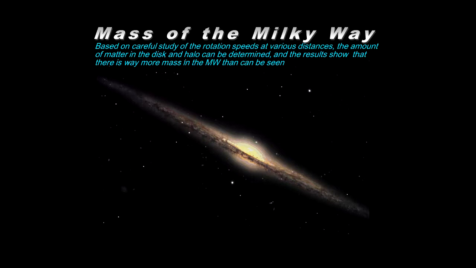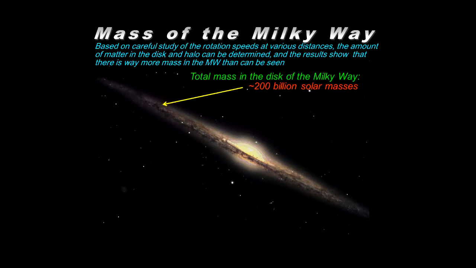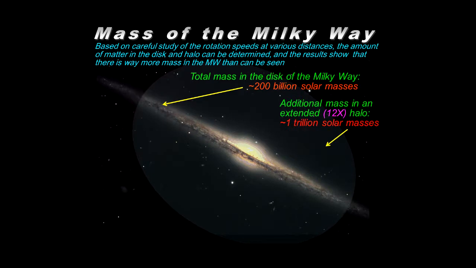So there's really a lot more matter in the Milky Way than any form of electromagnetic observations can reveal. The total mass in the disk of the galaxy shows itself to be about 200 billion solar masses. And then in an extended halo, there's an additional approximately trillion solar masses. Now that's way beyond what we can detect.